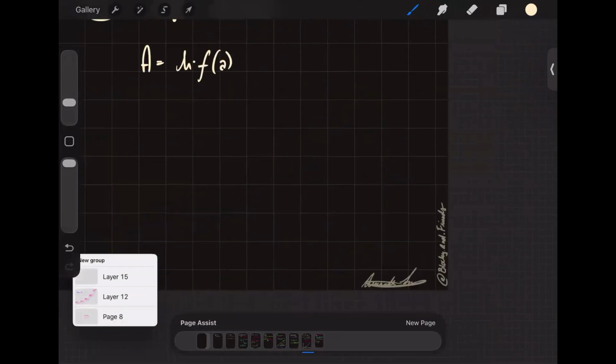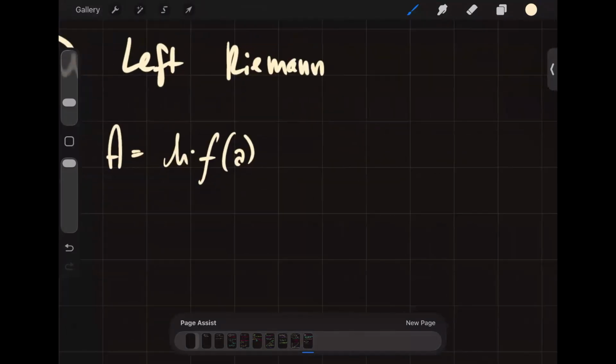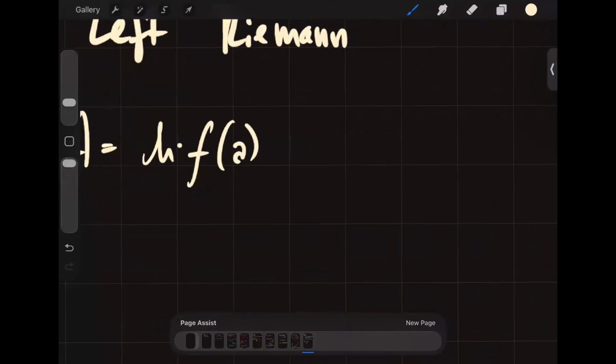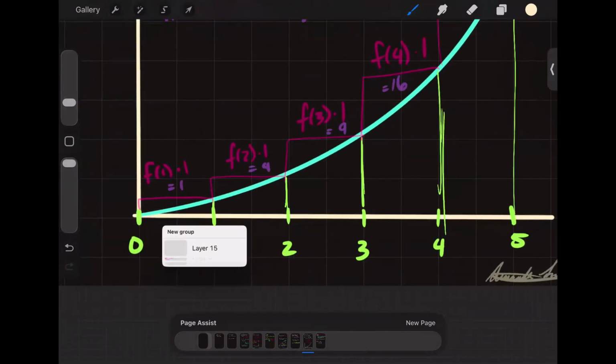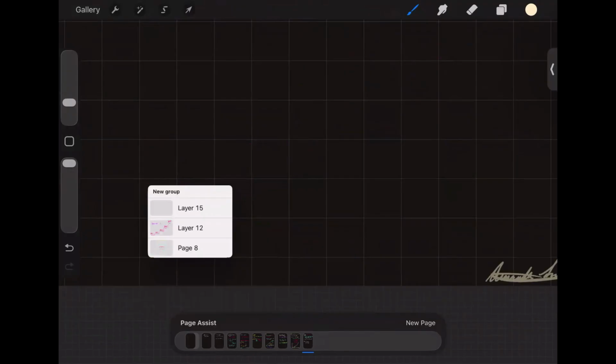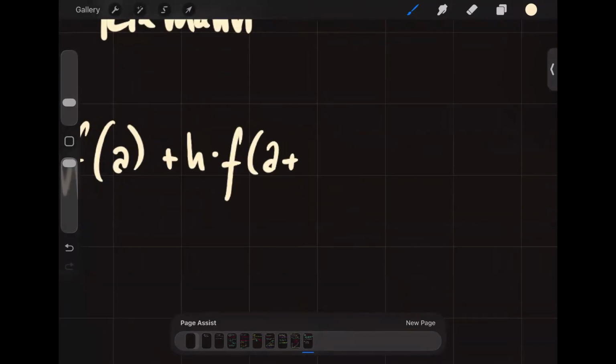Cool. But that's not all of them. You have to have all the rectangles. So then you have h times f of a plus, well, the next width. If you have the width, you get the next endpoint: f of a plus h.